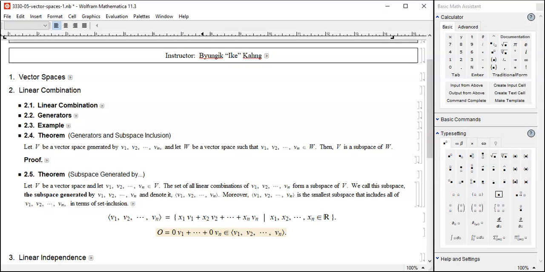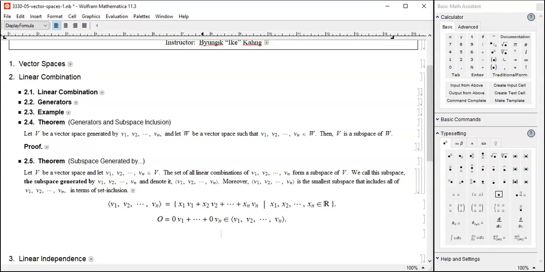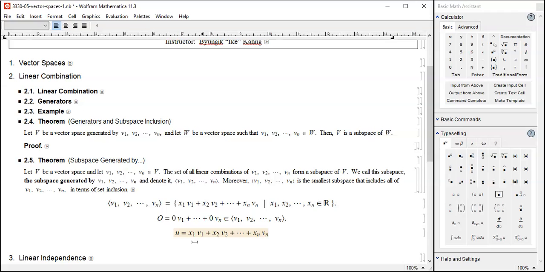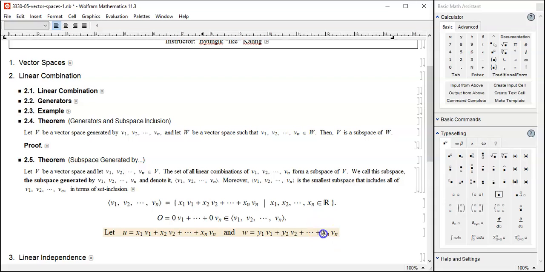Next, closed under addition. Okay, let's see. Let's say U is this, and W is a linear combination given like this: y1 v1, y2 v2, and then all the way to yn vn.